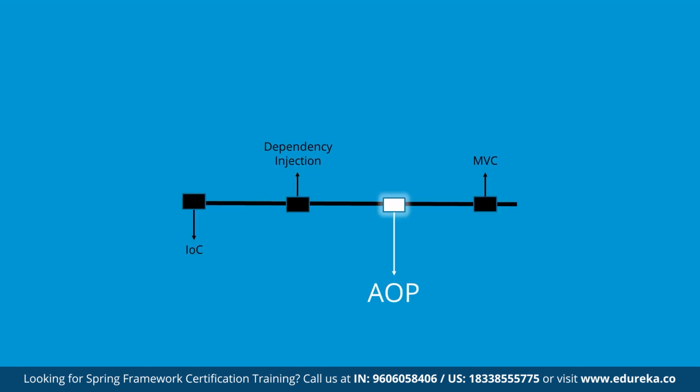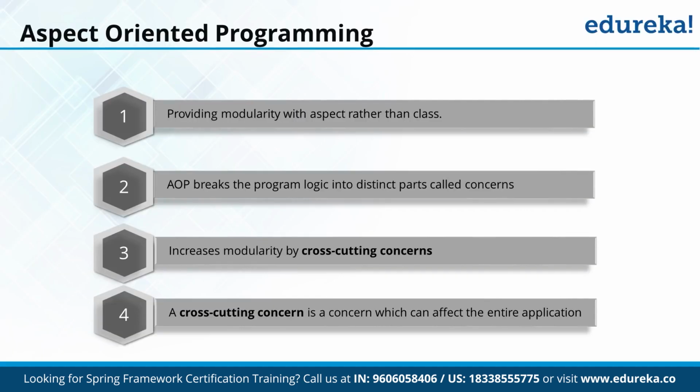Then next is AOP, that's aspect oriented programming. Aspect oriented programming is basically where we need to implement cross-cutting concerns, right? I'll take up one example of a cross-cutting concern. Consider that we logged on to Amazon and we want to look at a product. So I search for an iPhone.